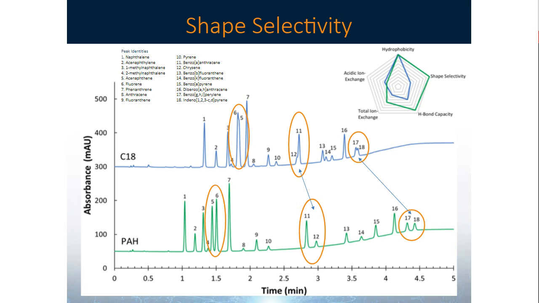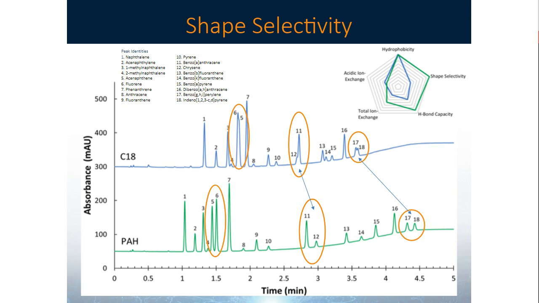And you can see in terms of a shape selective phase, the PAH is our most shape selective phase. And this is really key in order to separate the polyaromatic hydrocarbons, which have pretty similar structure.